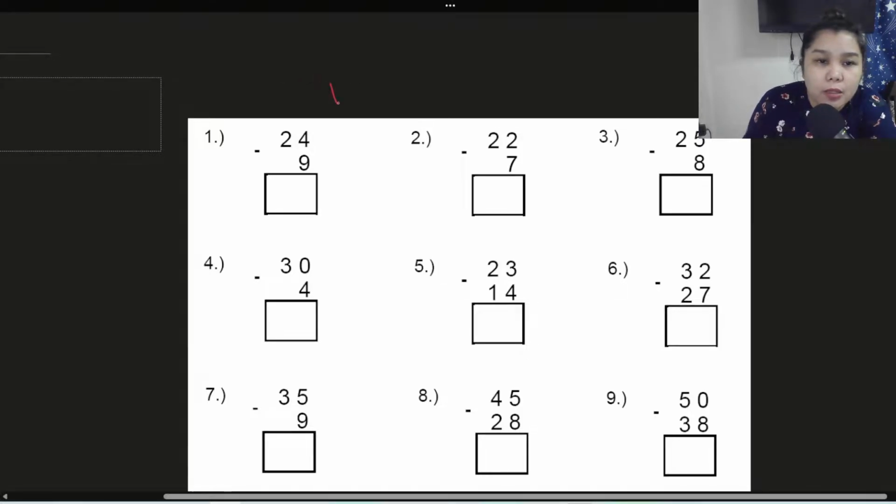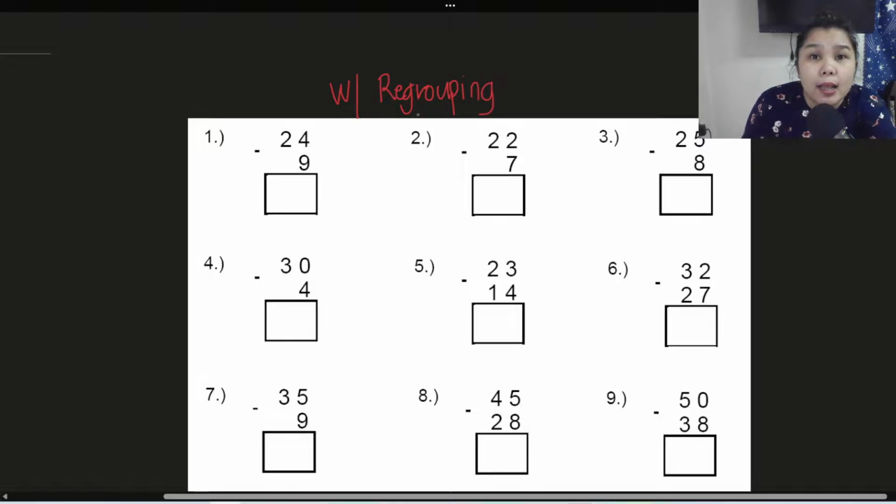Pag sinabing with regrouping, we have to regroup a certain place value kasi kailangan. Take note, in subtraction, hindi siya pwedeng magkapalit because that can only be done in addition. Like, for example, 3 plus 2 equals 5.